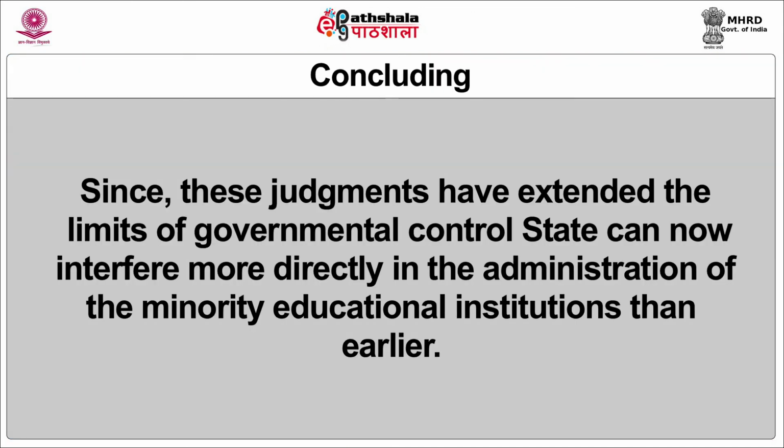Since these judgments have extended the limits of governmental control, the state can now interfere more directly in the administration of minority educational institutions than earlier. Further, the court's policies might be misused by the government to fulfill their political aspirations.